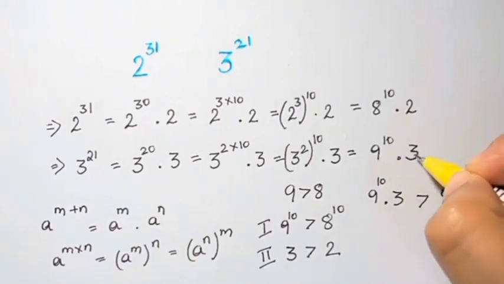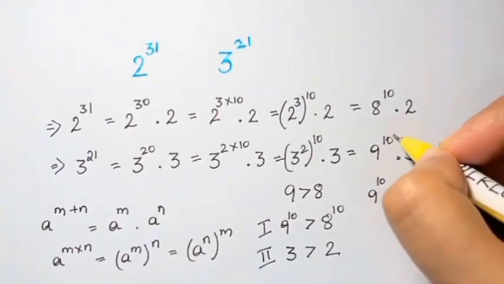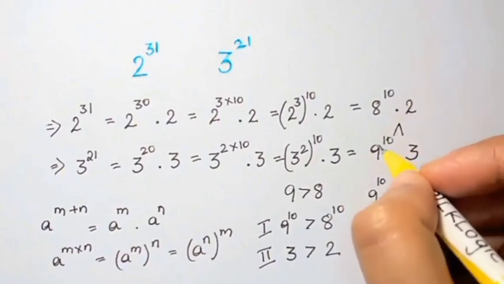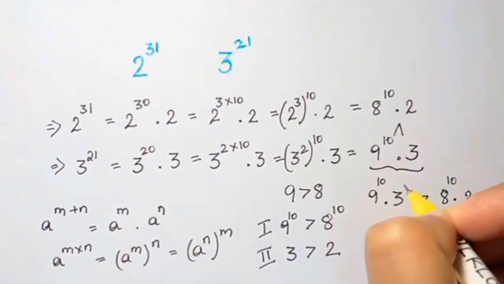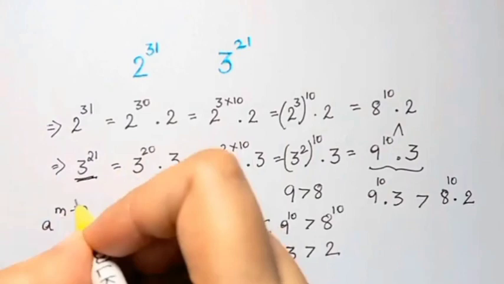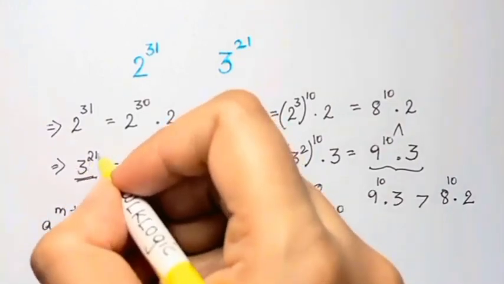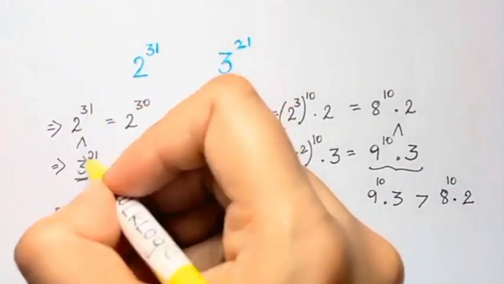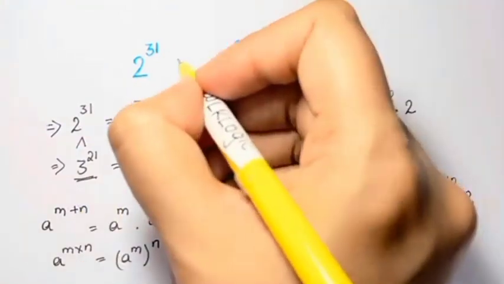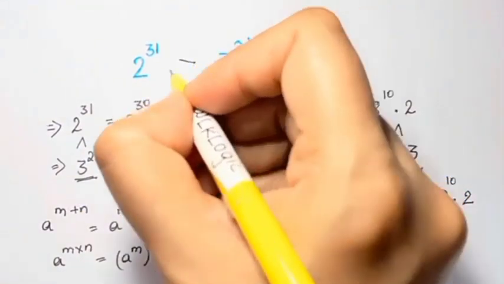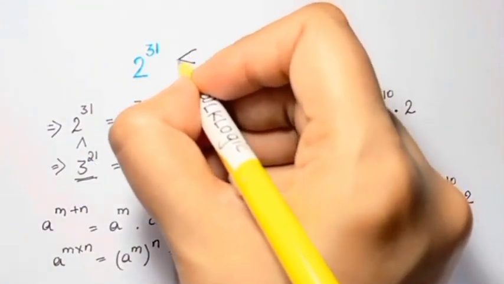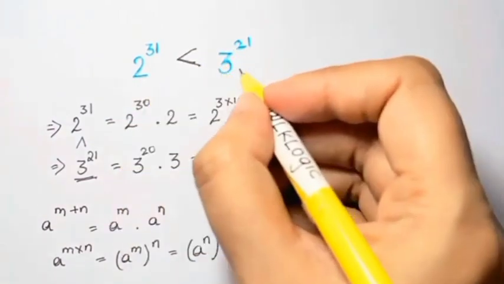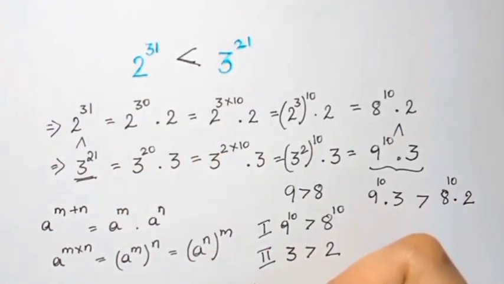So here we have 9 to the power of 10 times 3 is greater than this. What is 9 to the power of 10 times 3? It is 3 to the power of 21. So 3 to the power of 21 is greater than 2 to the power of 31. So 2 to the power of 31 is lesser than 3 to the power of 21.